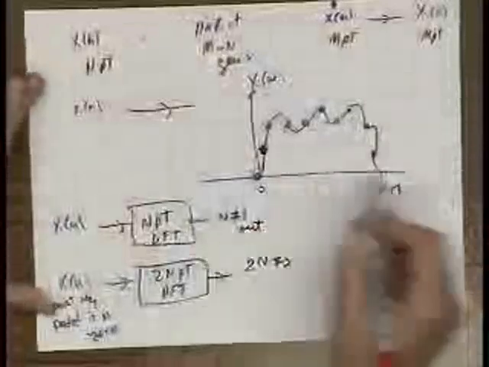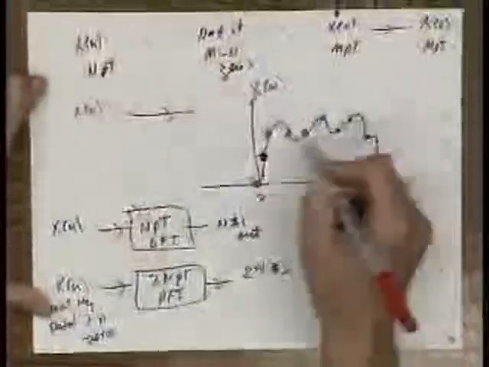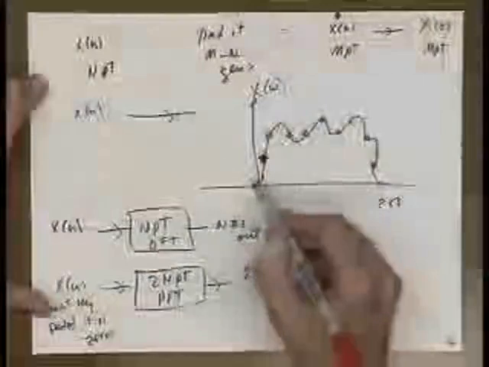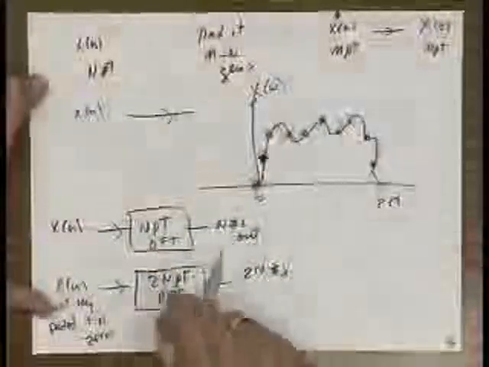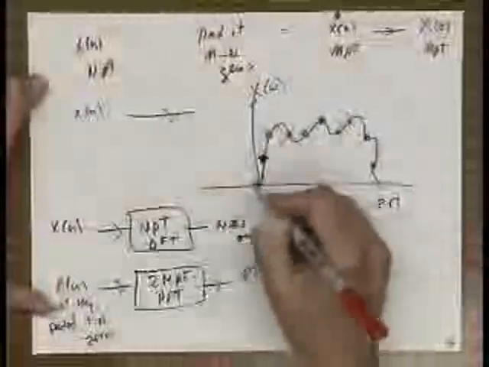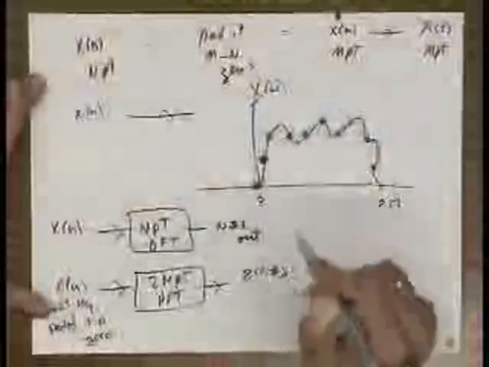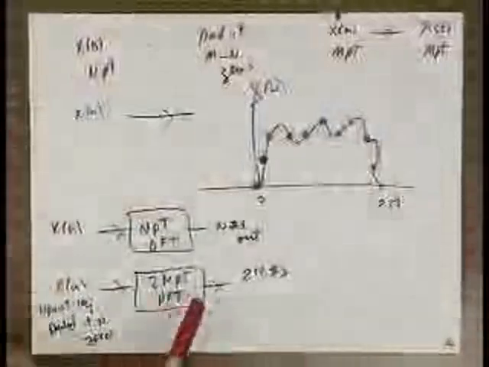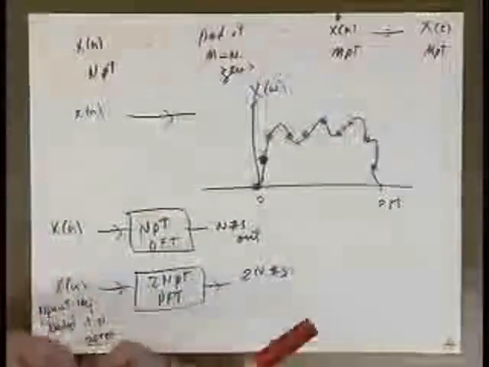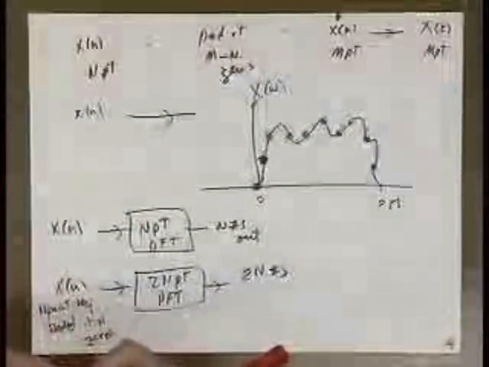It's the same period, 0 to 2 pi, the same continuous function x of omega, but I'm sampling it at twice the rate. And because this is 2n and this is n, one out of every two samples of these two coincide, falling right on top of each other. Okay?